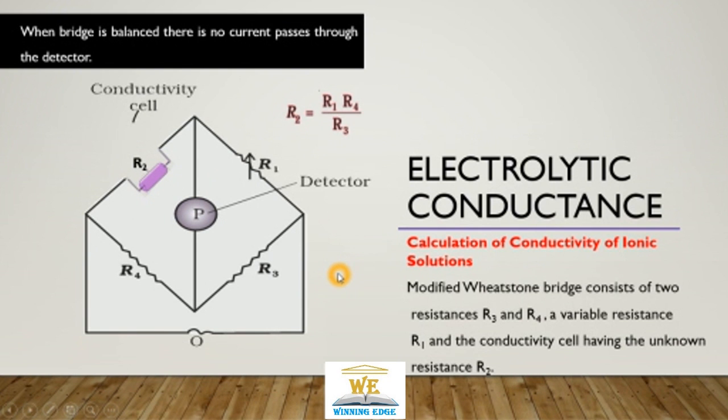And the inverse of resistance is conductance. So we know the conductance of the solution. We know the length of the cell, and we know the area of cross section of the cell, so we even know the cell constant. So the conductivity of the solution can be found using this conductivity cell.